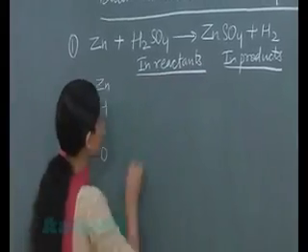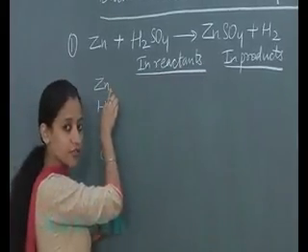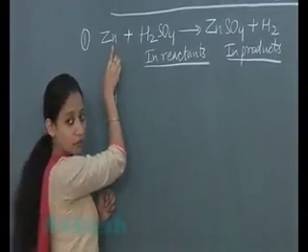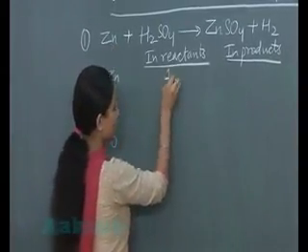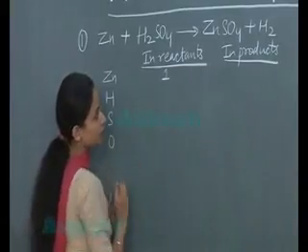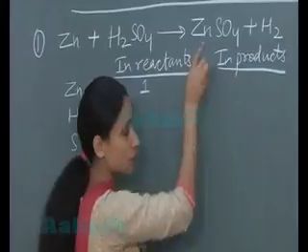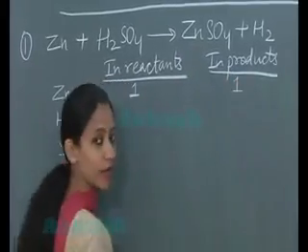First coming to zinc atom, let us count the number of zinc atoms in the reactant side. As you can see, there is just one atom of zinc. So I can write 1 here. Coming on the product side, let us count the number of zinc atoms. There is just one atom of zinc. So I can write 1 here.